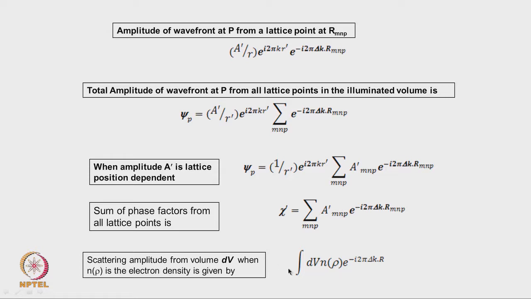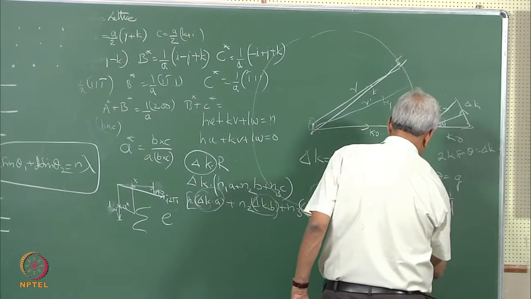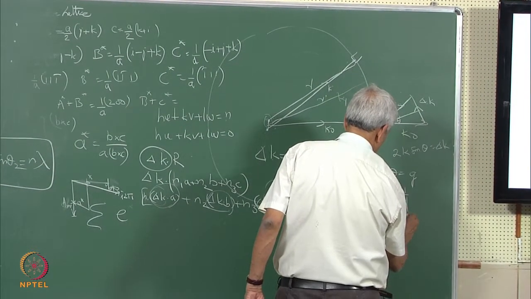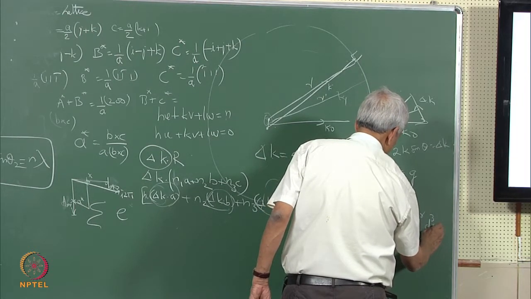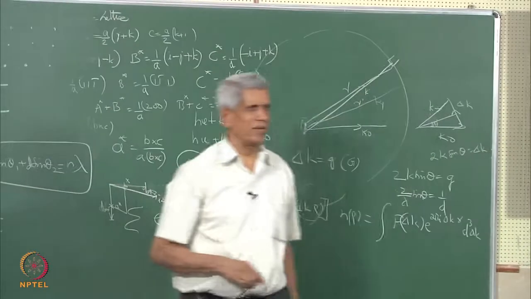And the inverse Fourier transform will be that n of rho should be equal to the integral of f of delta k into exponential of i delta k dot r into d cubed delta k, right.